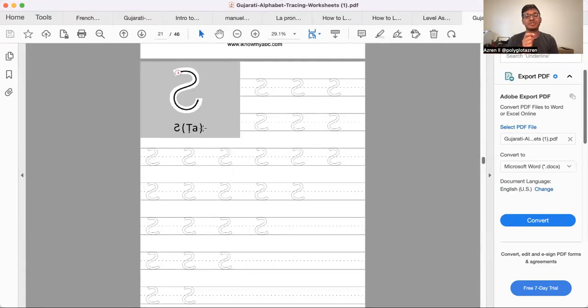The only difference is, in Gujarati da, you curl the tip of your tongue back a tiny bit. If you're interested in the technical word for that, it's a retroflex sound. Retroflex is the technical linguistic word for those that really care about pronunciation.